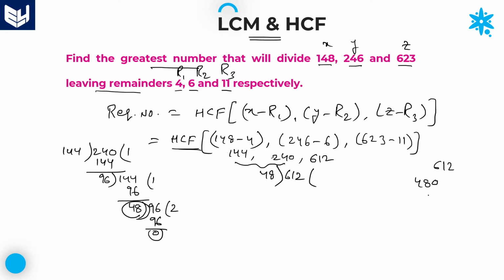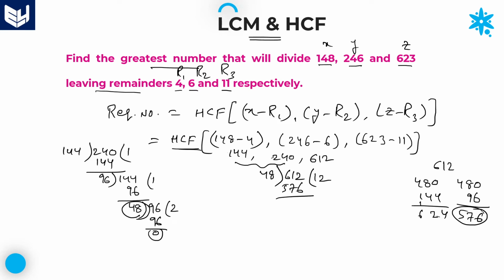If you add 3 more times, that becomes 144, and adding these two gives 624, which crosses. So 10 times is 480, and if you add two more times, we get 576. 48 twelves are 576.